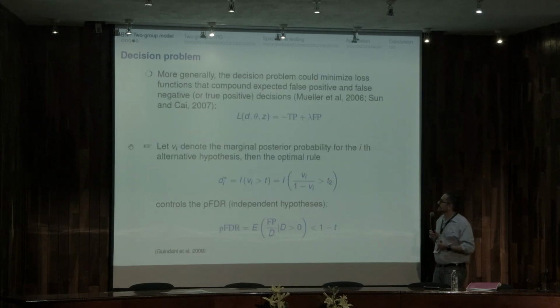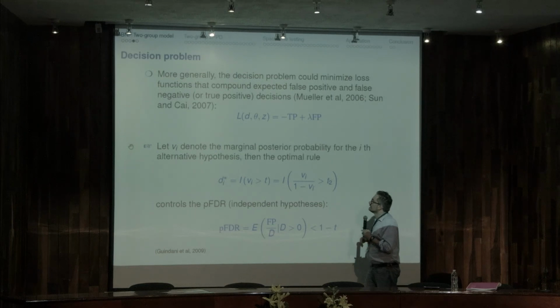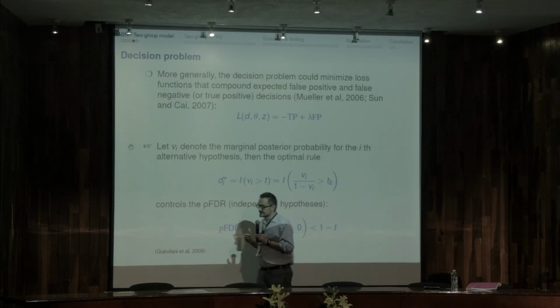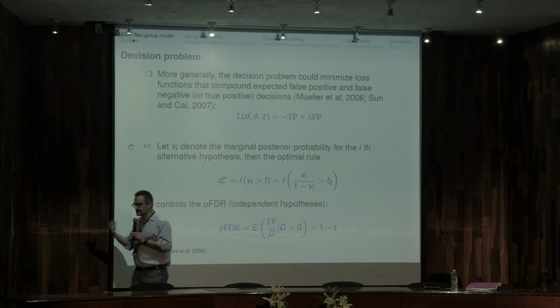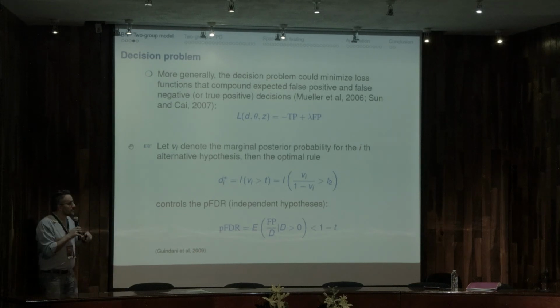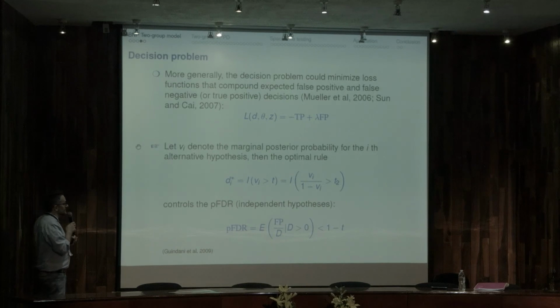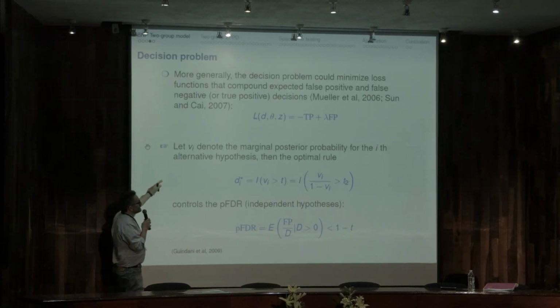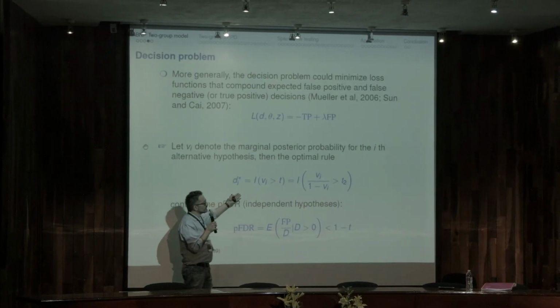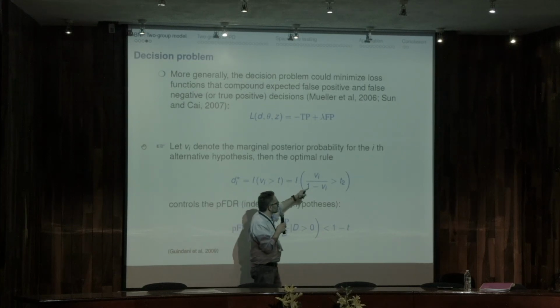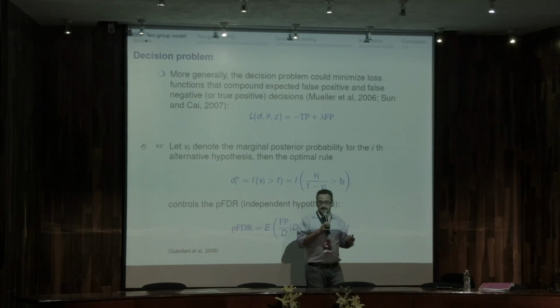Now, in a Bayesian setup, what one may want to do is instead to consider the problem in terms of a loss function, which compounds expected false positive and false negative decisions in some way. The optimal decision rule in this case is simply to threshold the posterior probability of the alternative.